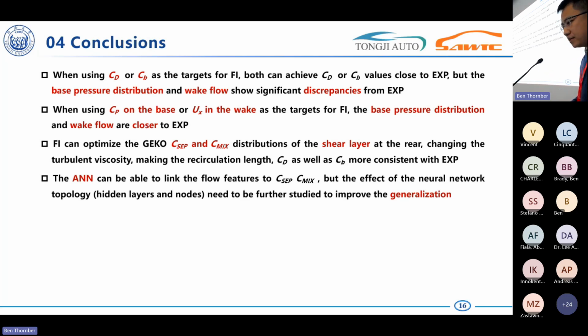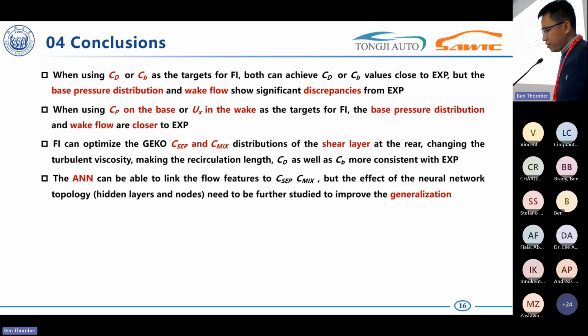For the field inversion part, when we use the CP on the base or the UX in the wake as the target, we get a base pressure and wake flow closer to the experiment than using the CD or CB. And the field inversion can optimize the GEKO C-SEP or C-mix of the shear layer, changing the turbulent viscosity and making the CD and the CB more consistent with experiments.